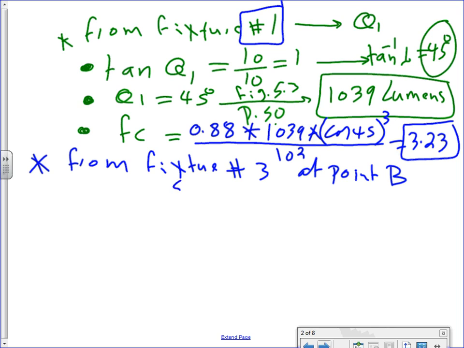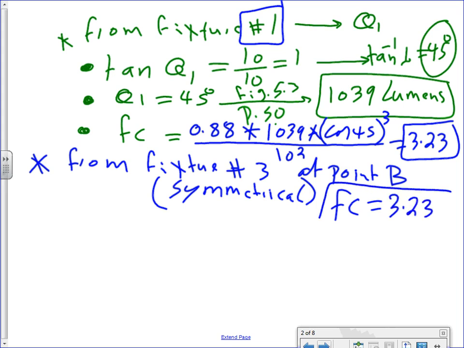As I want to say, symmetrical. And the foot candle, no need to do the foot candle. Your foot candle equals 3.23. Okay, one more time. It's symmetrical to 1. So let's look at that one.